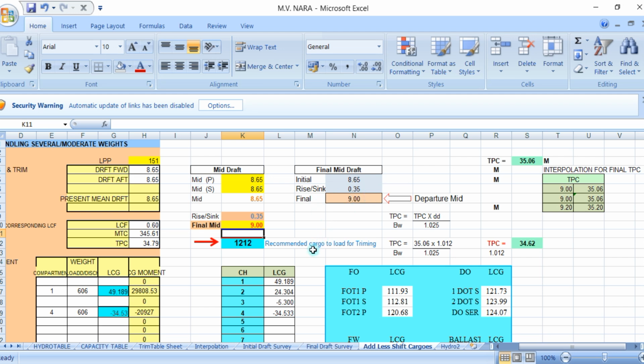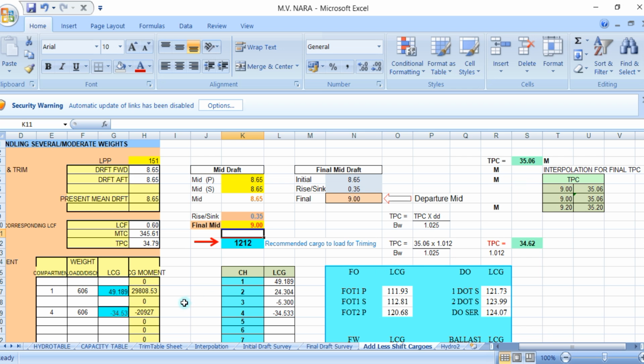Now, in actual practice, we don't use the TPC of the initial draft. What we use is the TPC of the departure draft, which is interpolated. This will be the value of the TPC of 9 meters, which is 35.06.